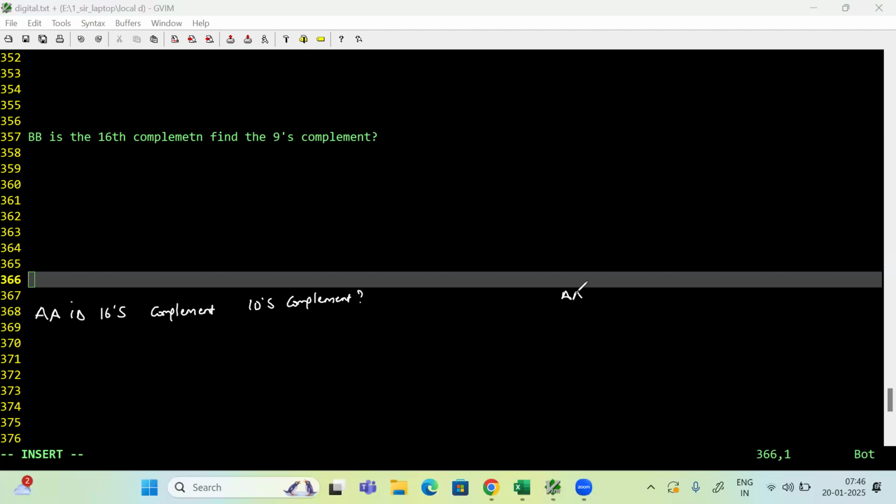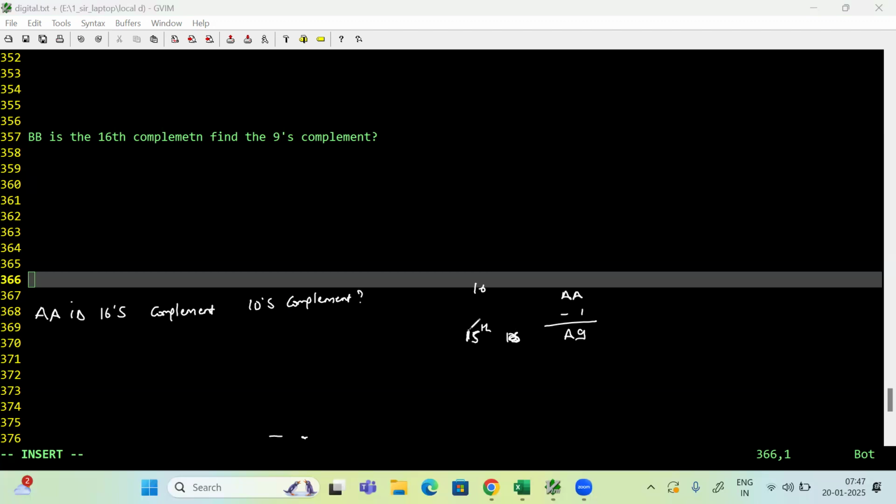First, what will you do? A9. What is this? This is the 15th complement. This is the 16th complement. Correct? This is the 15th complement.